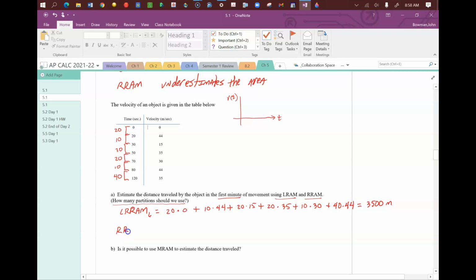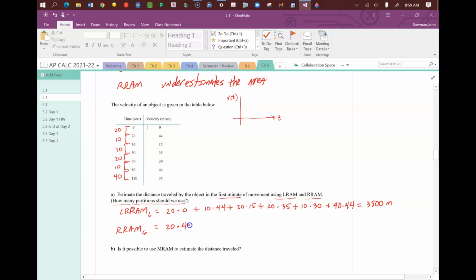Similarly, RRAM is going to use 6 rectangles, but in this case, we're going to use the same intervals, so 20, but we're going to use the height of the rectangle on the right-hand side if we were to graph this.